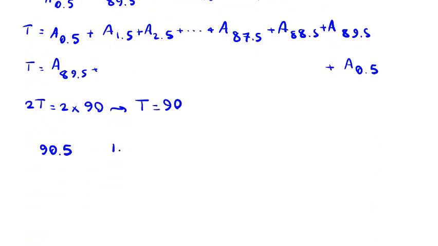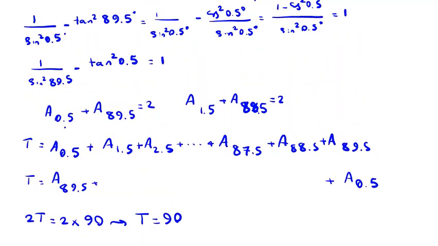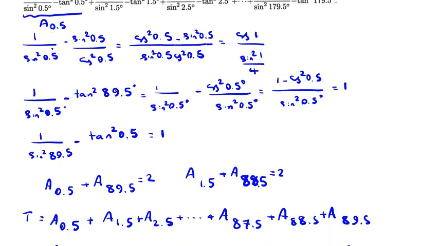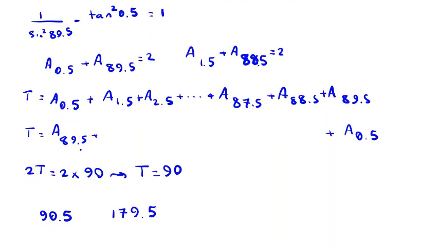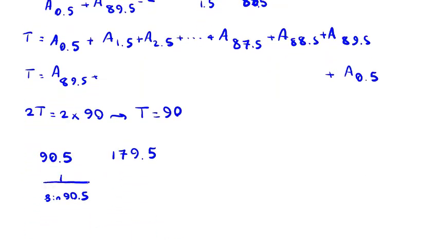90.5 to 179.5. We know that if we consider 90.5 to this number, let's consider, for example, sine 90.5. Here it was 1 over sine squared minus tangent squared. 1 over this squared minus tangent 179.5 squared.